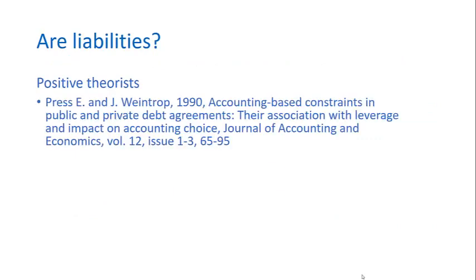So what are liabilities? Well, liabilities are obligations of the firm, and there's a lot of evidence out there that they're relevant to financial statement users. They're relevant because liabilities are often part of a leverage calculation which is used in debt contracts, and firms are often particularly sensitive to the leverage that they show in their financial statements.